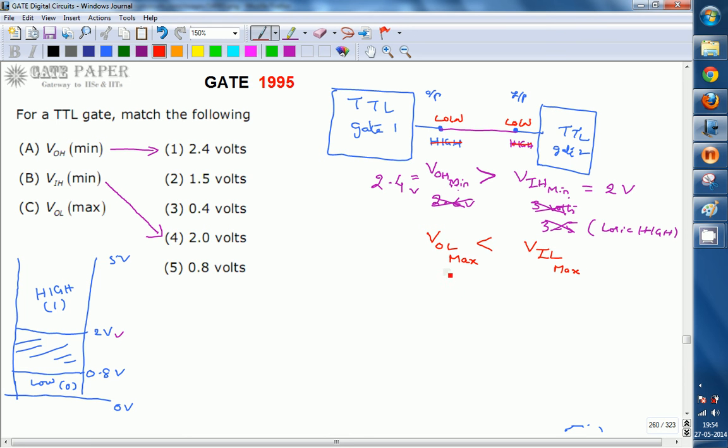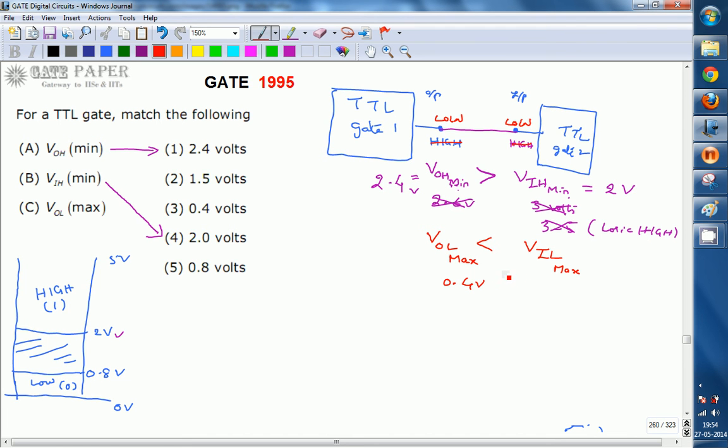So if it is giving 0.4 volts as input, that should be accepted by the TTL gate input. So the value of VIL maximum should be more than that one, so that whatever values it supplies as low level will definitely be accepted by TTL gate 2.